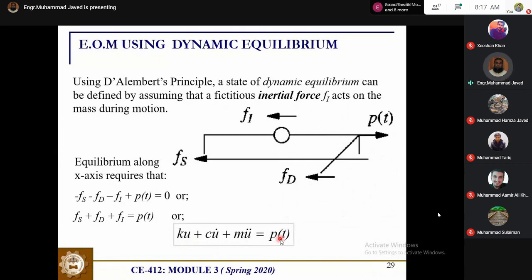So in order to develop the equation of motion, you must have stiffness, viscous damping coefficient, mass, and external dynamic force.